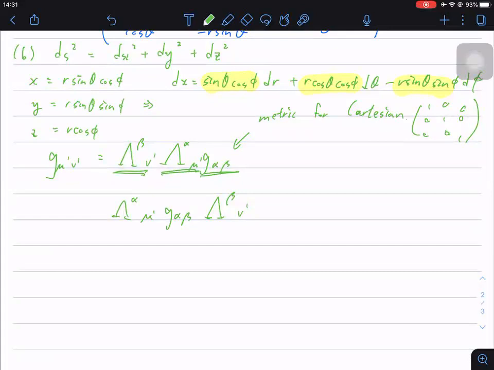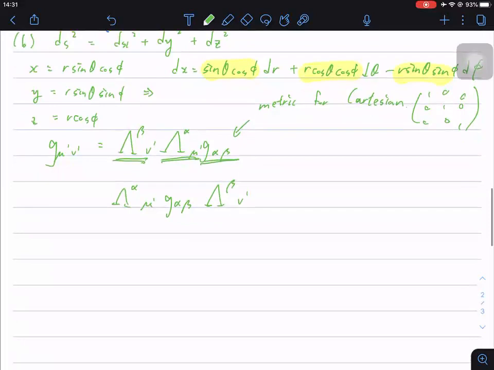But if you want to write it into a matrix form, where we express the tensor as a matrix, then the order matters. The reason is, for matrix multiplication, let's say we have two matrices A and B, and we do matrix multiplication.